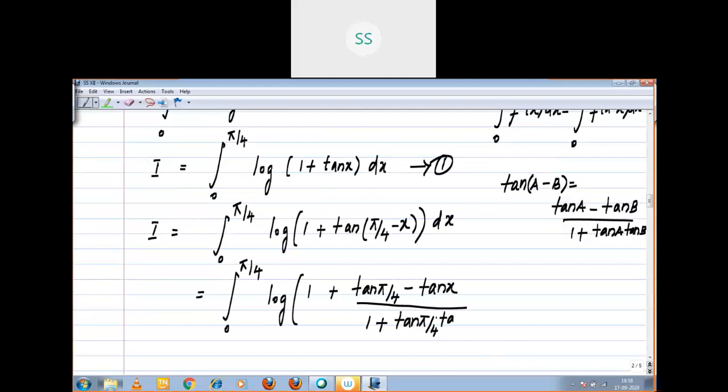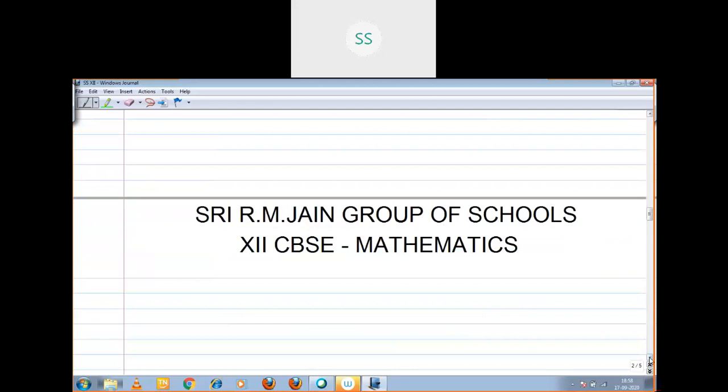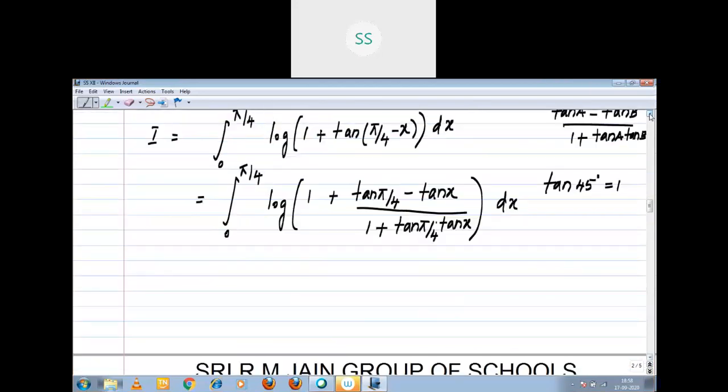What identity you are using, what formula you are using, you should write it on the right side. That you have to practice. Now, which is equal to integral 0 to pi by 4 log of 1 plus tan pi by 4 minus tan x divided by 1 plus tan pi by 4 into tan x.